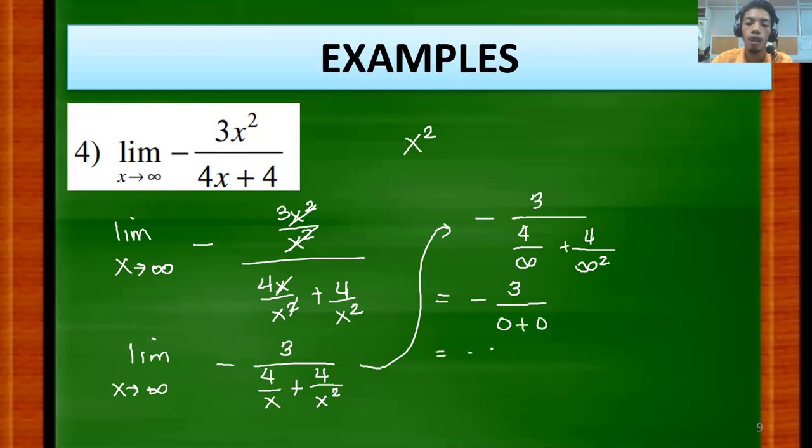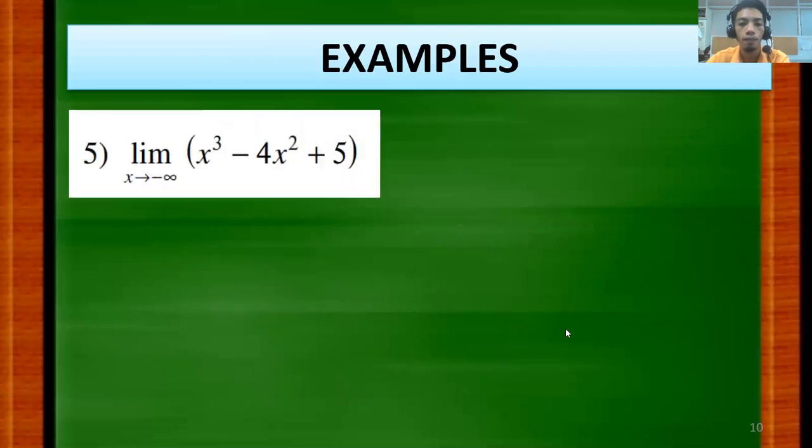So you have negative 3 over 0, and this indicates that dividing negative 3 over 0, you will have infinity. Now, look at the given. The given is x approaches positive infinity, and therefore, if the answer is infinity, then it corresponds to the given. So it's positive infinity. Okay, next.